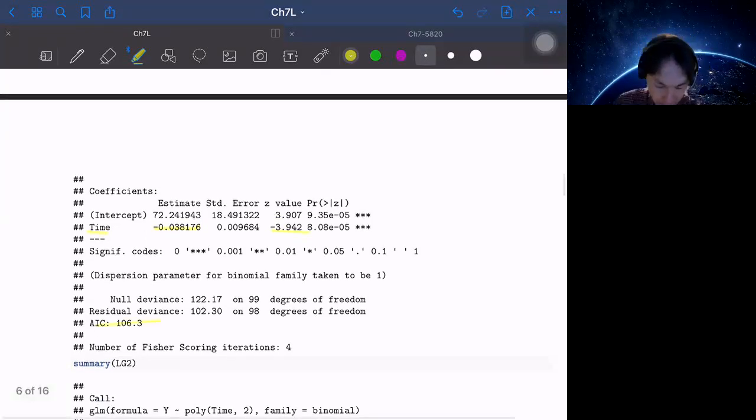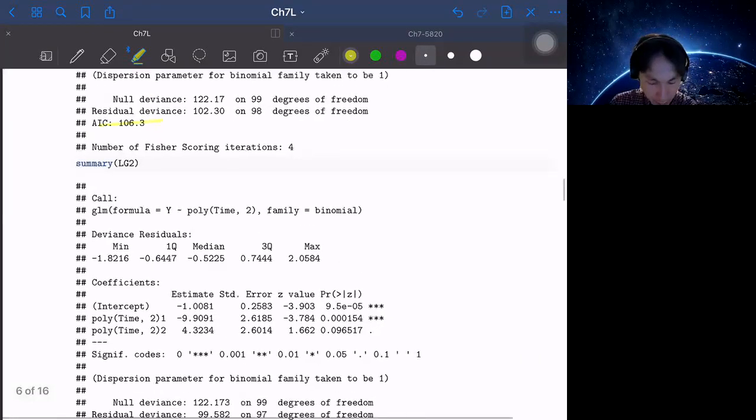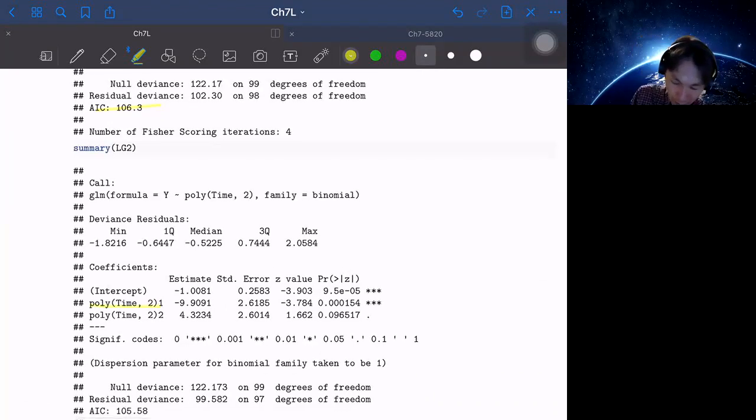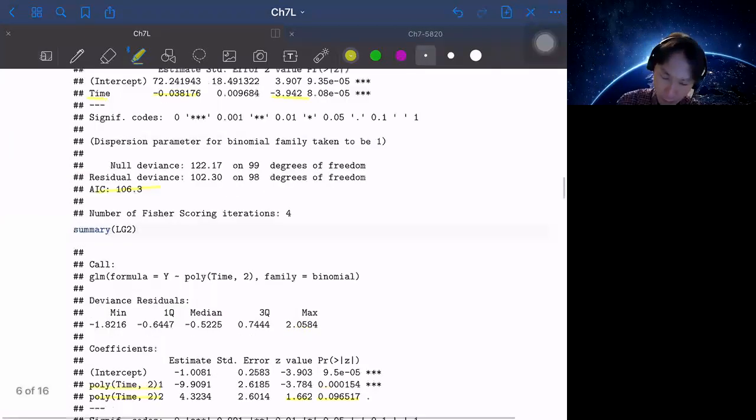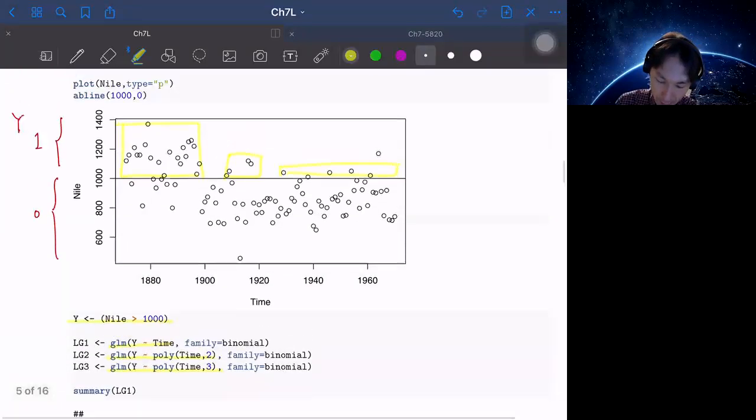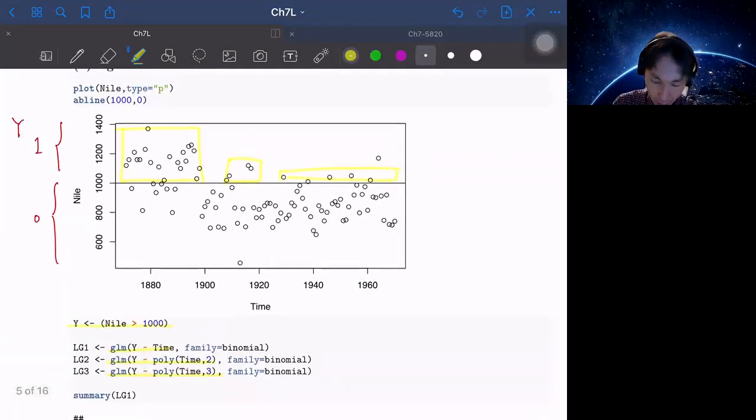AIC is 106. And the next one, then we have the two terms. And this is maybe marginally significant. The p-value is 0.09, so marginally significant. So the quadratic term may be useful. It's a little harder to interpret this.